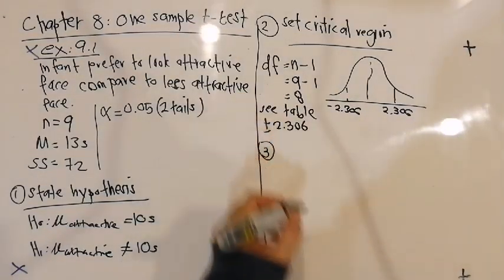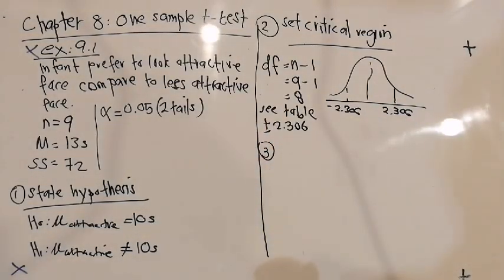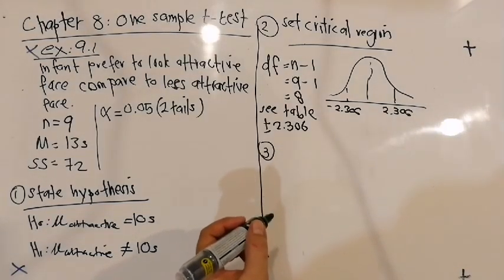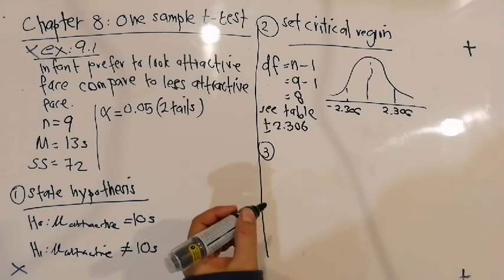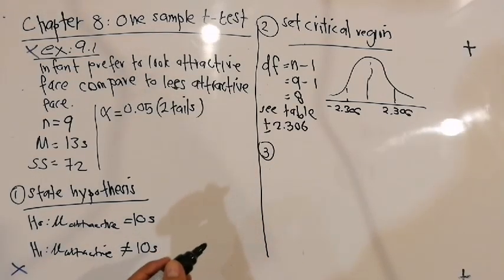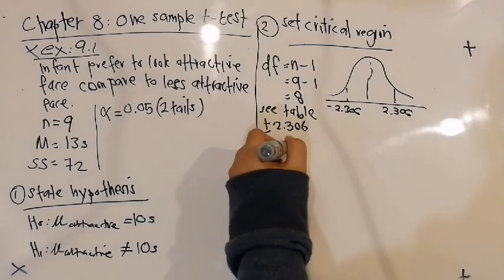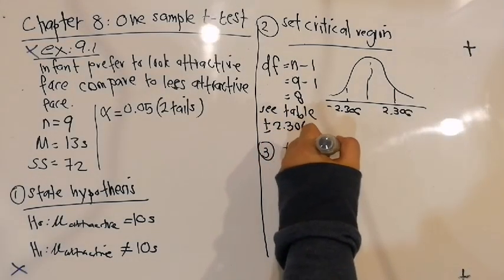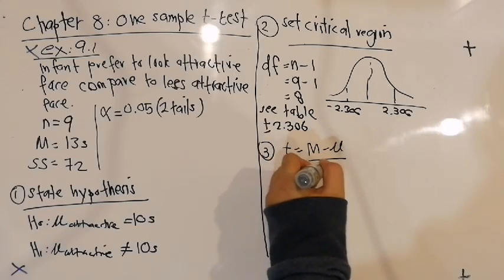Now we go to number 3, which is calculation. You have to find the t. To find the t, you should find s first, correct? Remember, the formula for t is t equals M minus mu over sM.